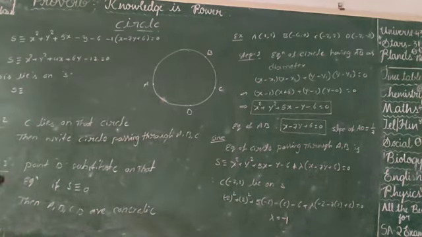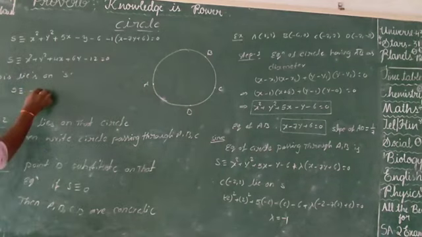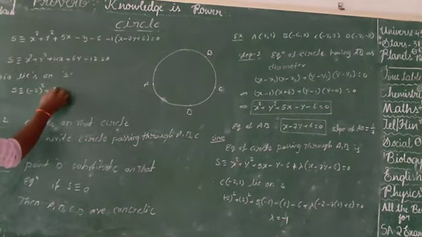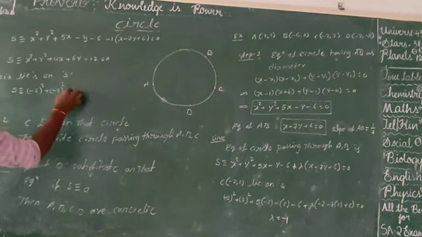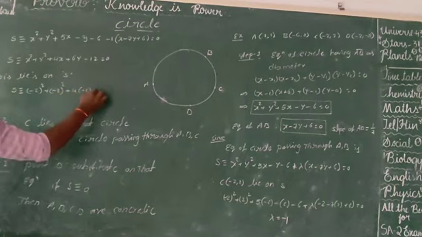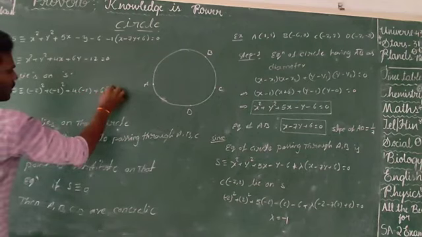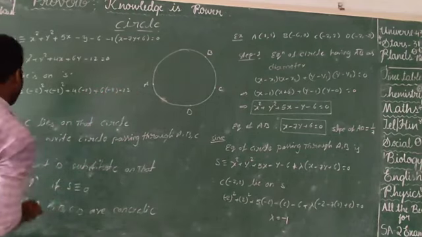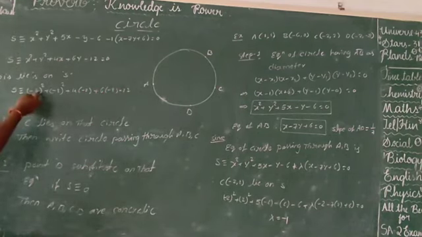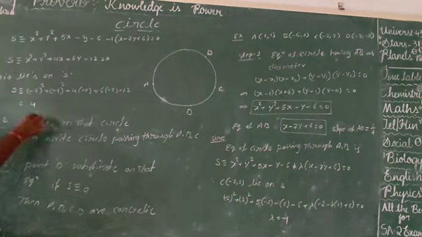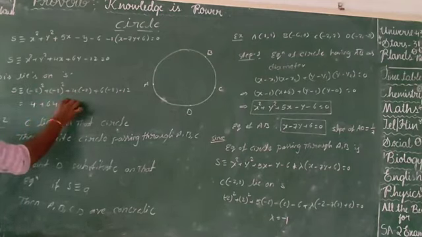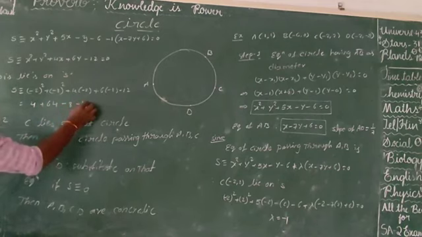So substituting minus 2 comma minus 8 here, that is minus 2 whole square plus minus 8 whole square plus 4 of minus 2 plus 6 of minus 8 minus 12. So now the perfect squares give plus 4 plus 64 minus 8 minus 48 minus 12.